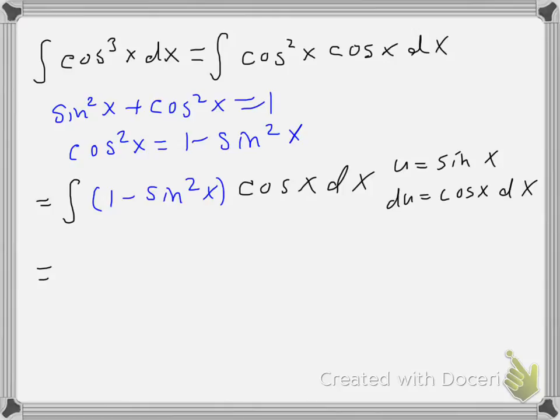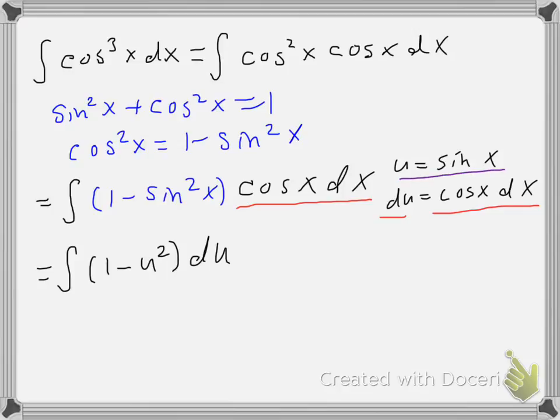So now this is going to be equal to the integral of 1 minus u squared du, because the du part takes care of the cosine of x dx, and then my u is simply going to be sine of x.